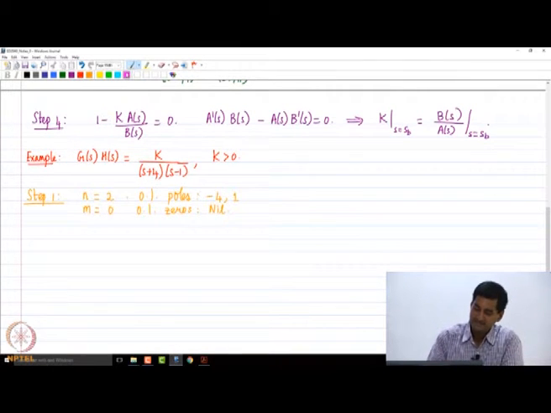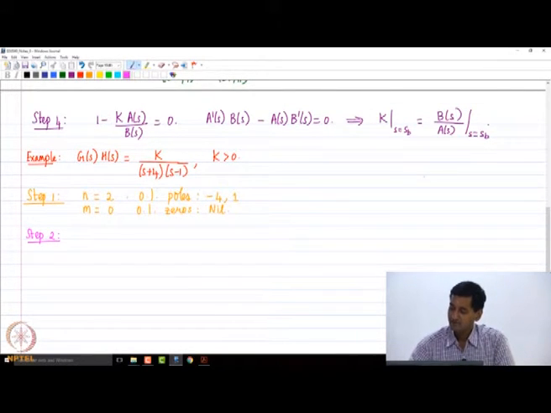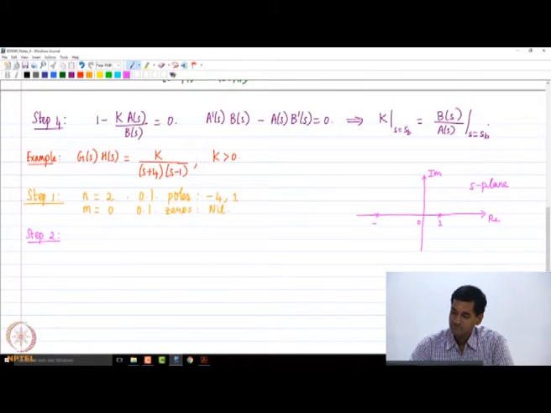So let's look at the second step. So second step is to locate the part of the real axis that lie on the root locus. So let's draw the S plane and then let's figure out what happens. So the 2 poles were at 1 and -4.